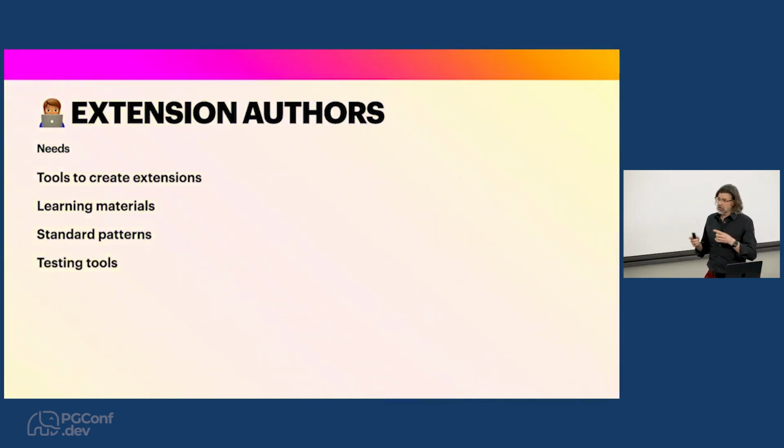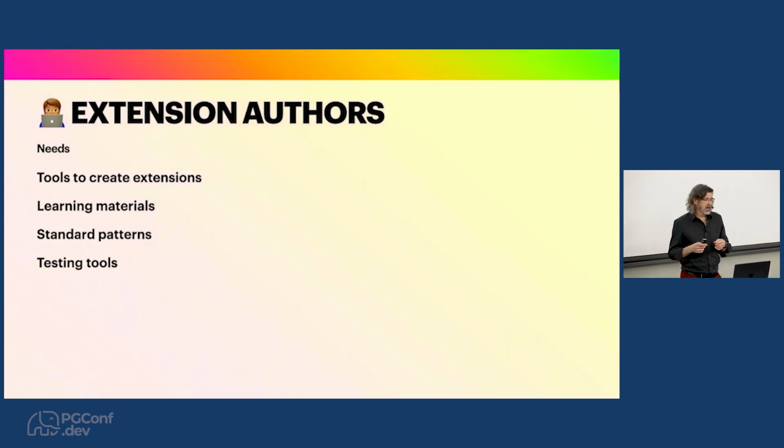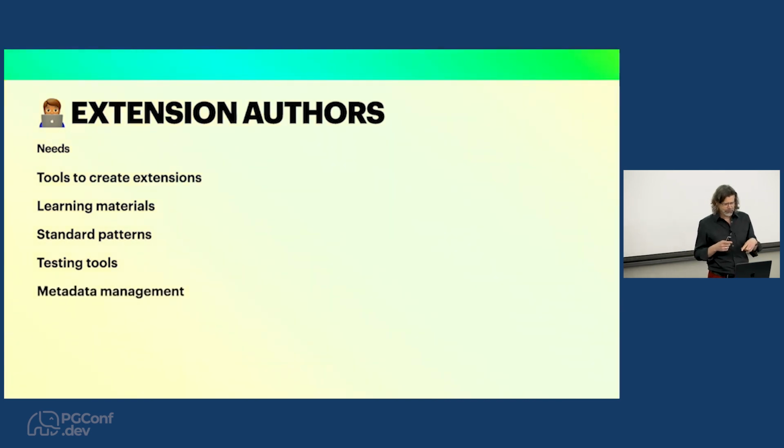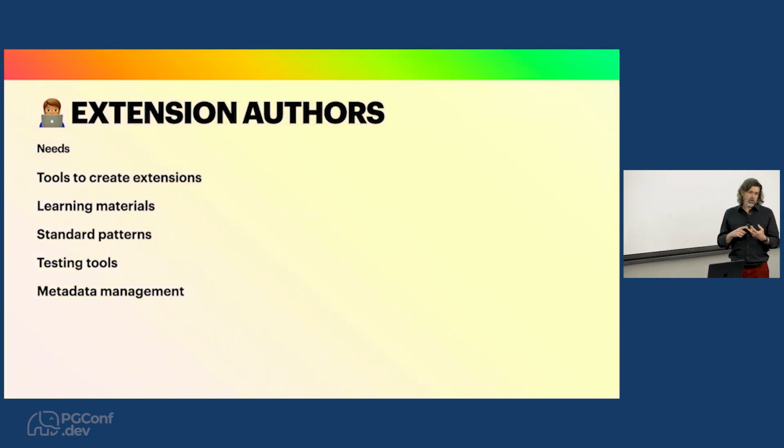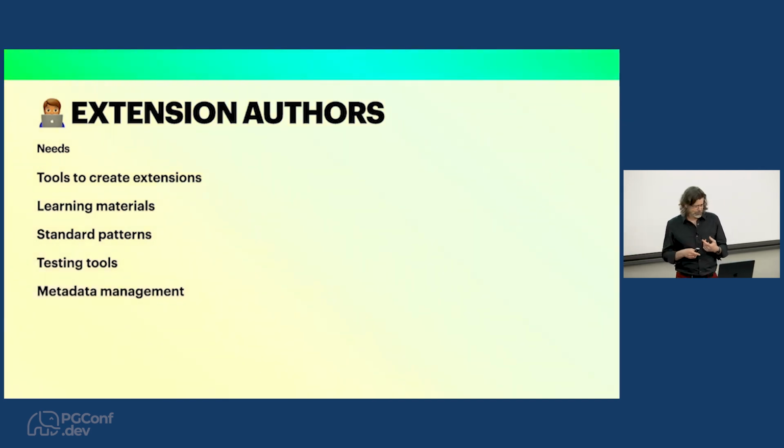Standard patterns for different kinds of extensions to get you started, and testing tools to make it easier to test your compatibility across different operating systems and platforms. There's metadata management, not only the control file that's required for create extension, but also metadata for systems like PGXN with its meta.json file, or trunk with its trunk.toml file, and there are a couple others.